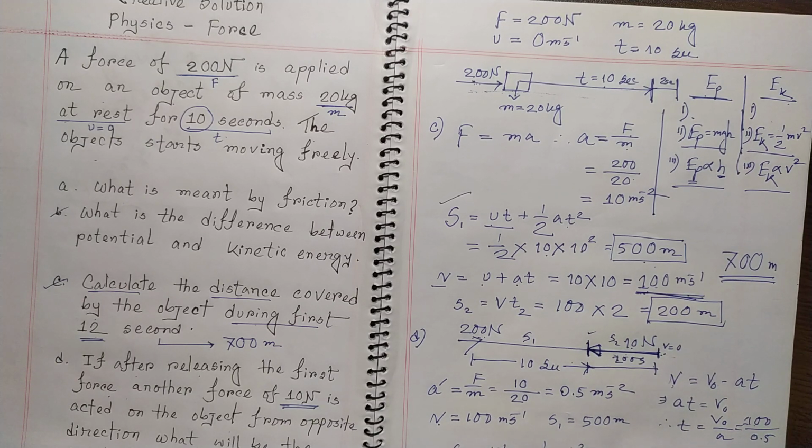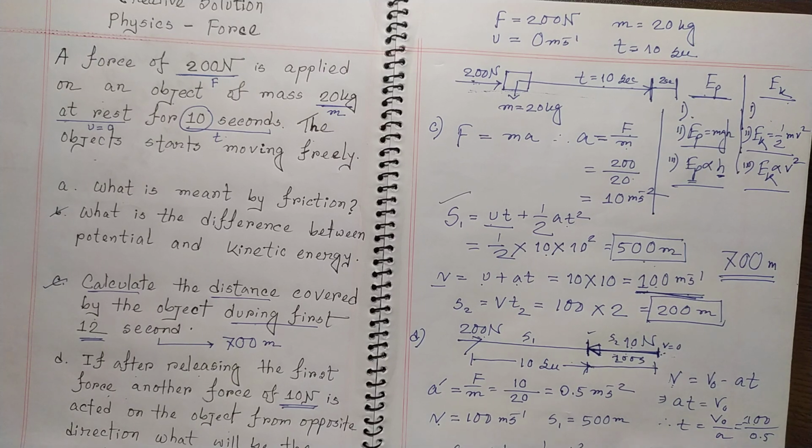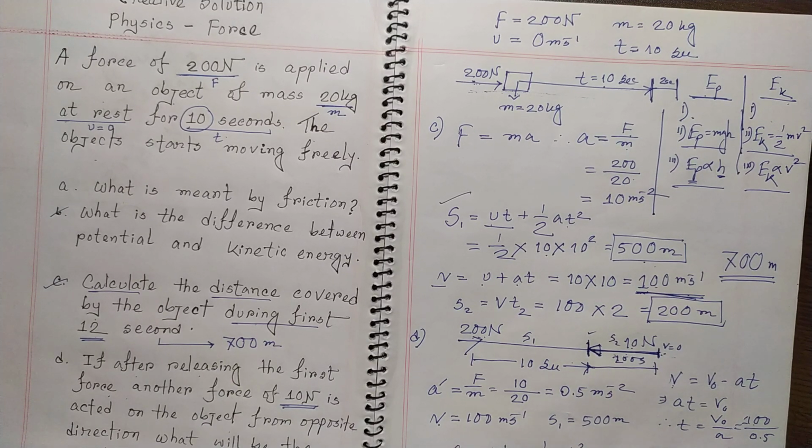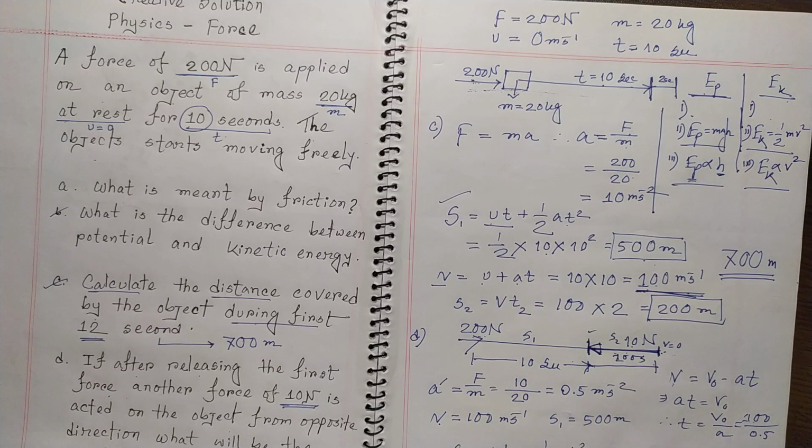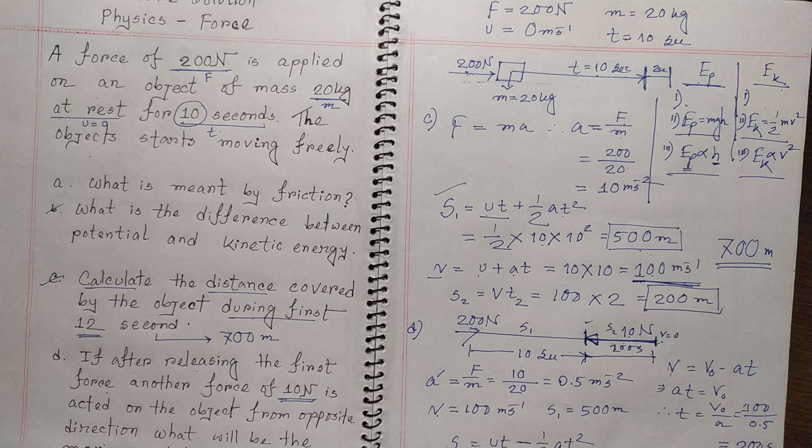So 100 times 200 minus half times 0.5 times 200 square, and if you do it you will get 10,000 meter. So after 10 seconds, when the 10 Newton force from the opposite direction is working, it will travel 200 more seconds, and in these 200 seconds it will traverse 10,000 meter.